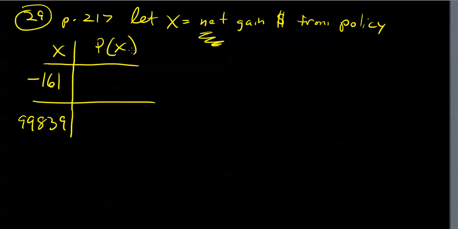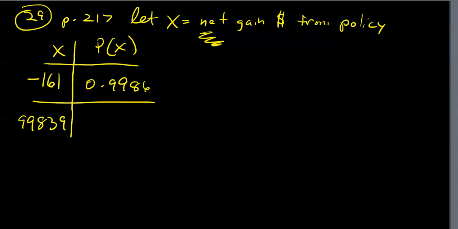Now we are told explicitly in the problem that the probability that a man will live through the year without calamity is 0.9986. Okay?